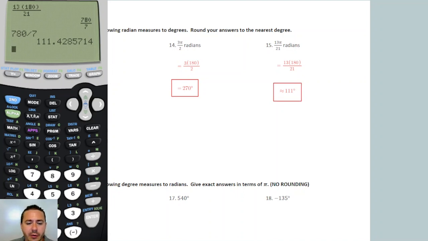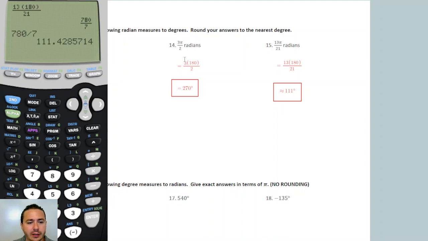One radian. Now here we can't do this little plug-in 180 trick. So we're going to have to use the same strategy that we're going to use for 16, 17, and 18, which is we're going to set up a proportion using a ratio that is known to find the unknown conversion.